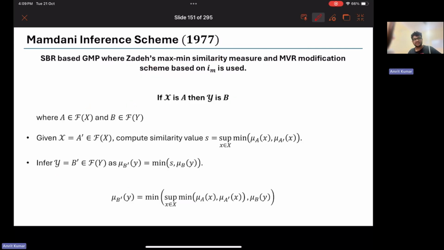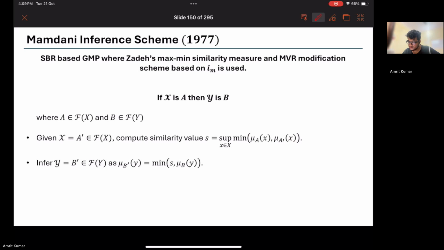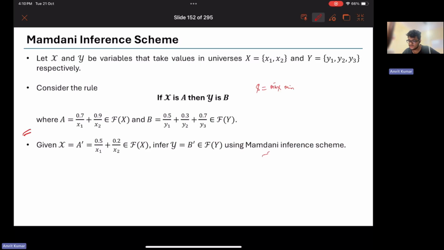Now, there is something very interesting about Mamdani inference scheme, but I'll come to that in a short while. Let us first quickly do a problem. So this is the same setup that we had before, but here we are required to use Mamdani inference scheme. So let us first compute the similarity value S, which is max min. And here I'm not using the supremum because, of course, our universe X is finite.